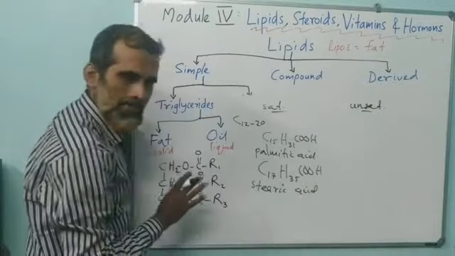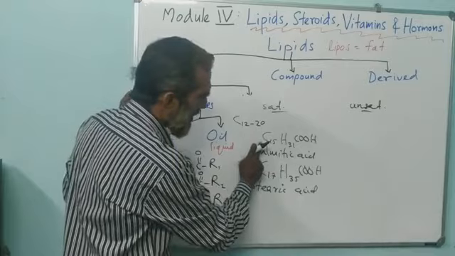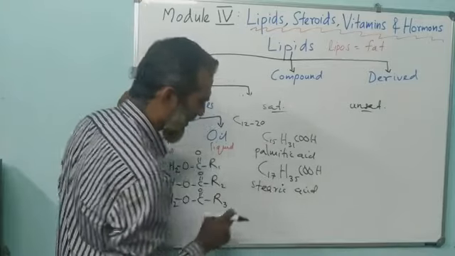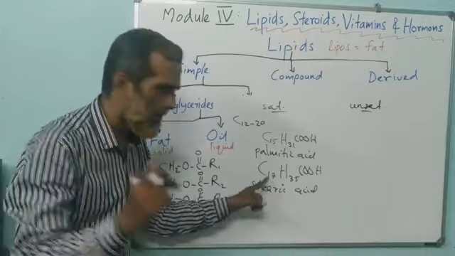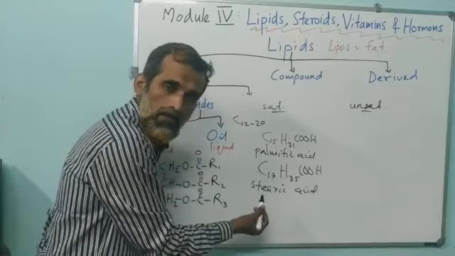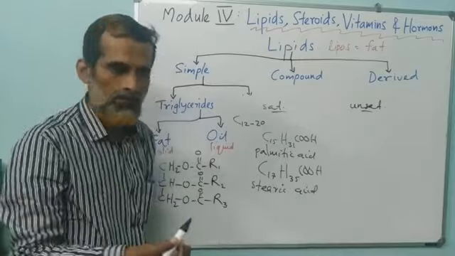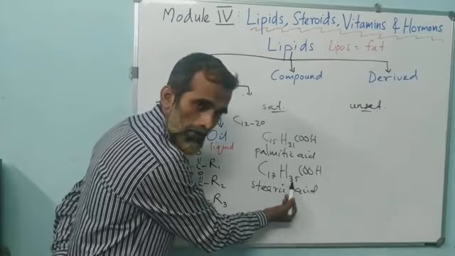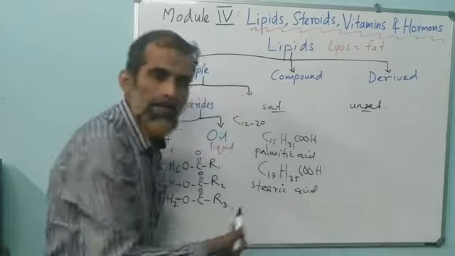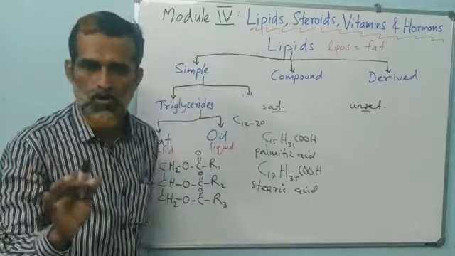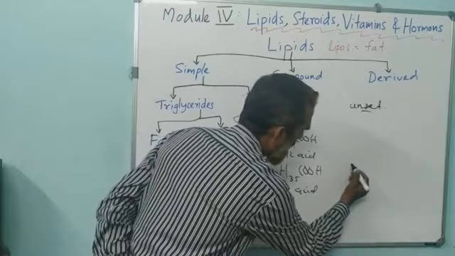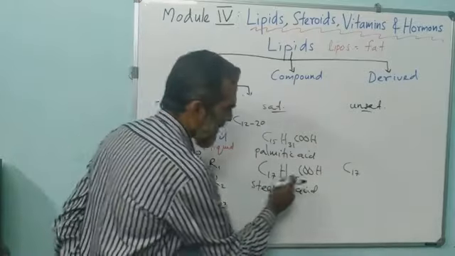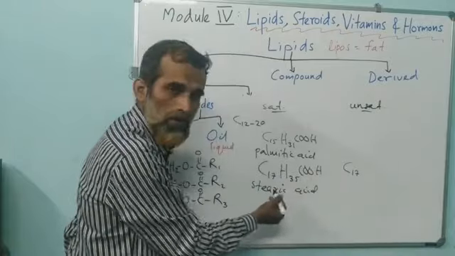Coming to unsaturated, see, in this stearic acid there is C17H35. So look at this hydrocarbon part. This is saturated, right? Alkane type, CnH2n+2 type. See, C17H35 and COOH. So it is fully saturated. There is no double bond. But if we keep a double bond, the number of hydrogen will be 2 less.